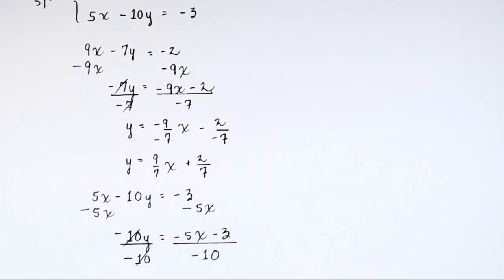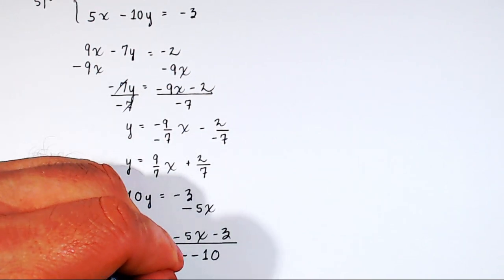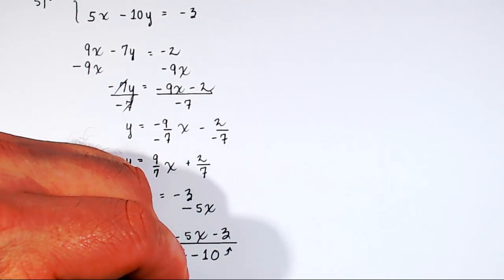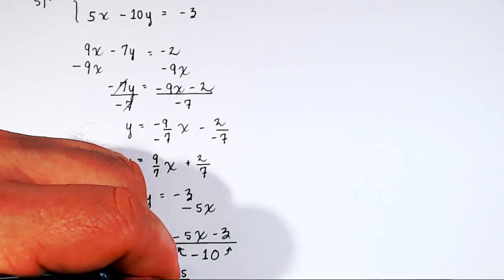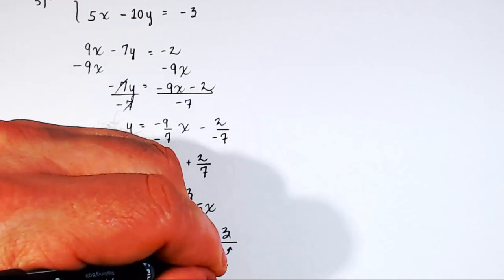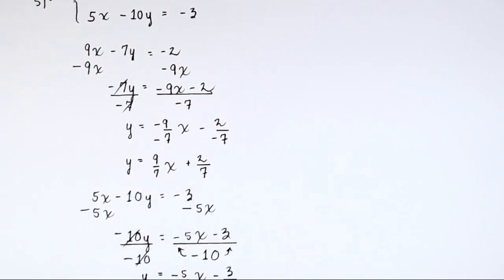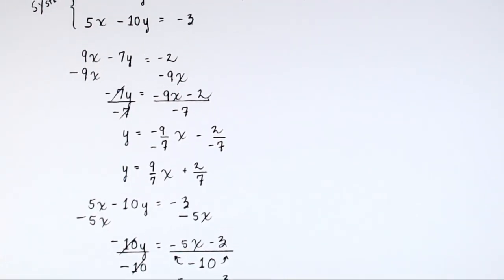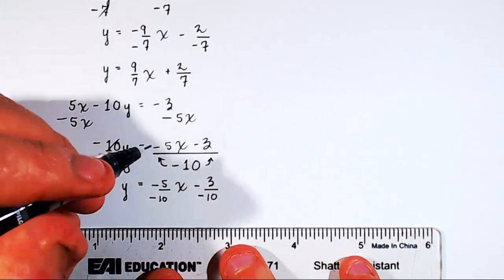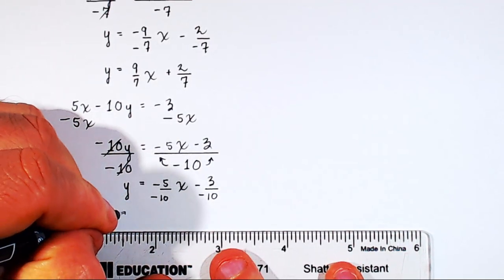We have these canceling out on the left. We're left with y equals, remember we can split up this denominator, y equals -5 over -10x minus 3 over -10. Okay, so I can rewrite this because these negatives are going to cancel out.